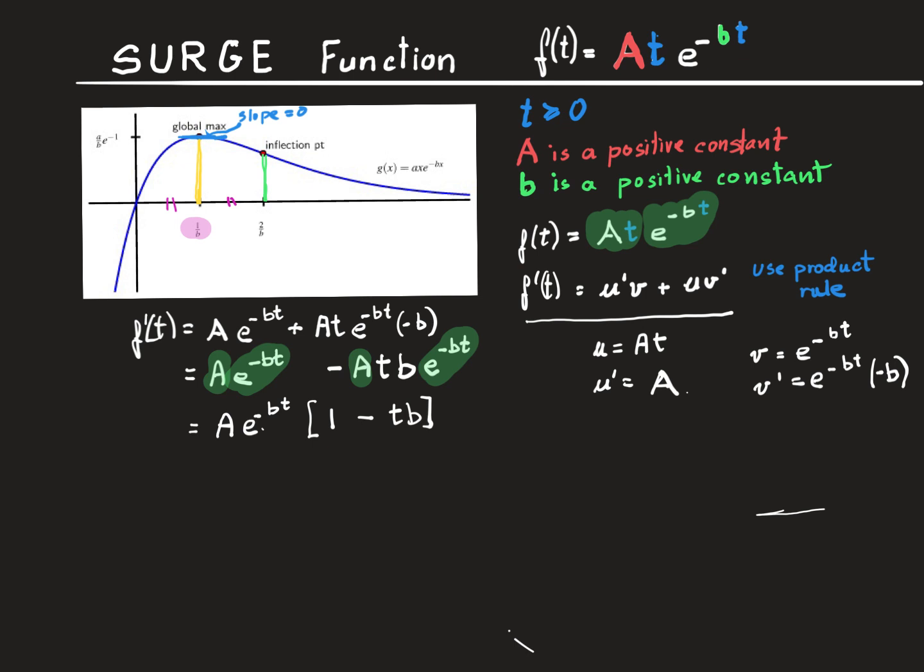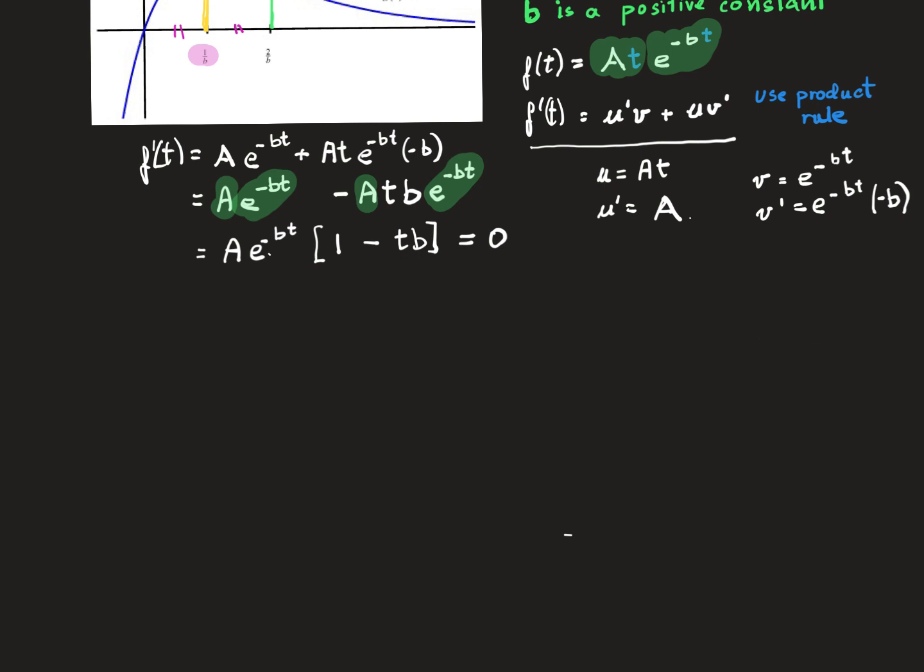And this is a slope function, which we can use to find out what the value for the global maximum is by making it equal to 0, because the slope at the global maximum is going to be 0. And I'm going to write these terms individually. a, e to the minus bt, and then I'm going to write 1 minus tb is equal to 0. Now we know that the a is a positive constant, so we cannot use it.